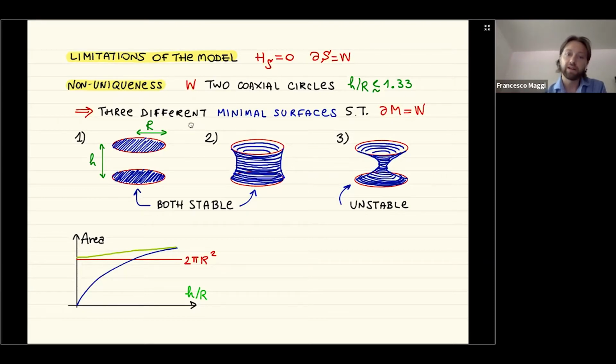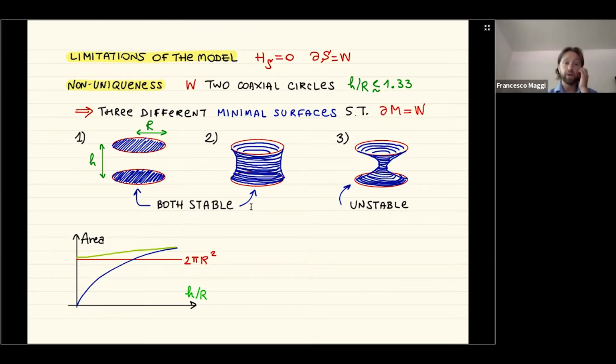For example, the classical example is the case where your boundary wireframe is given by two parallel circles at distance h, of radius r. Mathematically speaking, when h over r is less than 1, you have exactly 3 minimal surfaces. You have either the two disks filling the two circles, and then you have two catenoids.